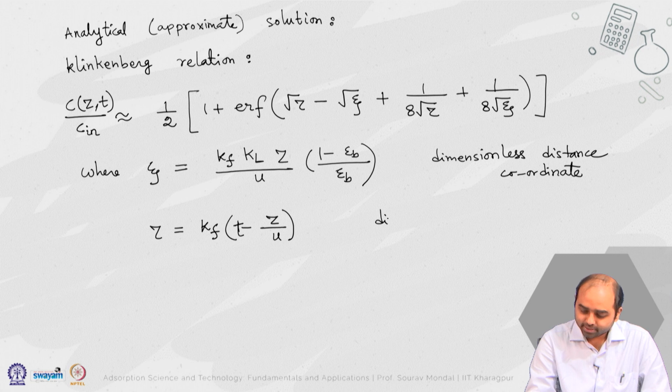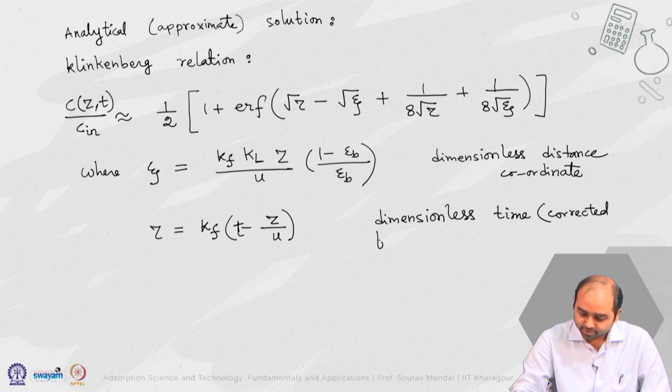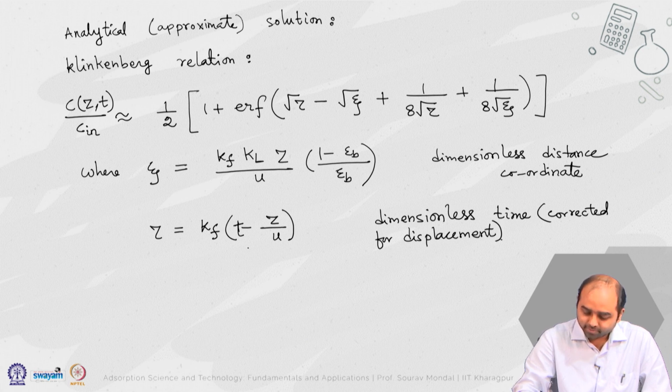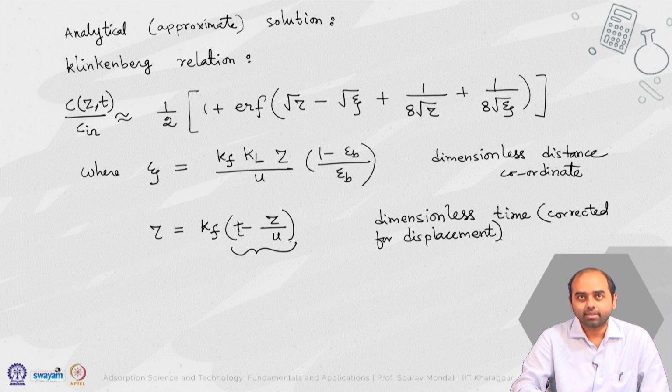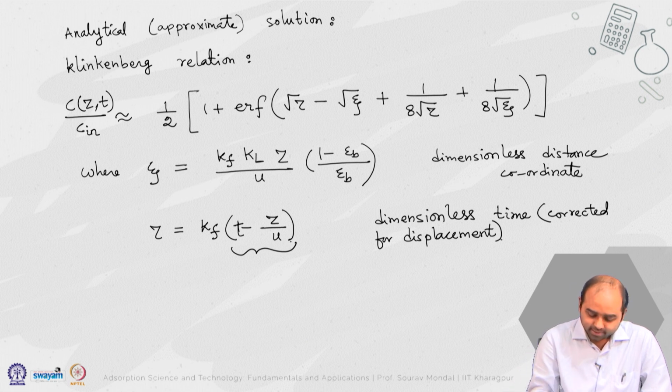So this is like a dimensionless time coordinate, but this is corrected for displacement. So t minus z by u represents the characteristic dimension of the time, and this ERF represents the error function.